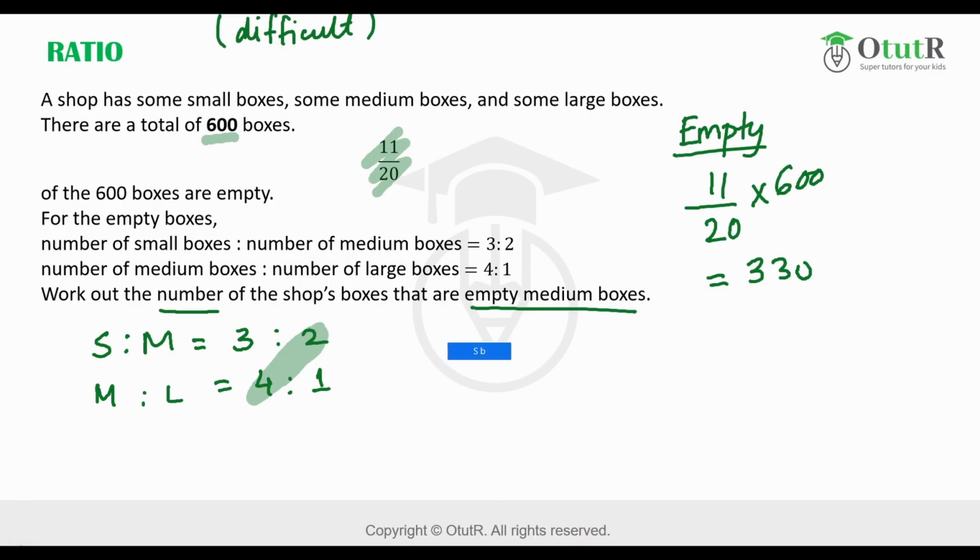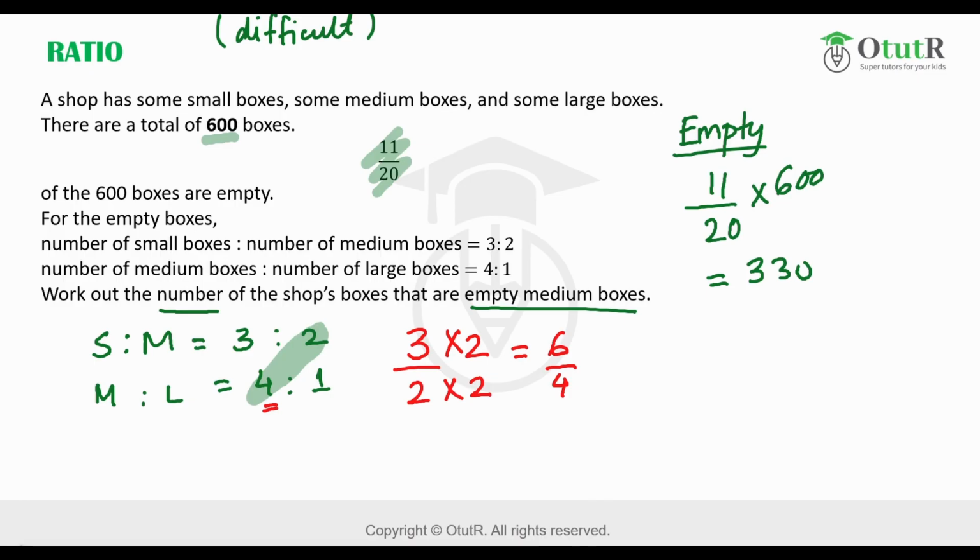We are going to simply multiply the first ratio's numerator and denominator with 2. Okay, because when we multiply them with 2, the denominator becomes equal to 4, which is the same as this one, right?